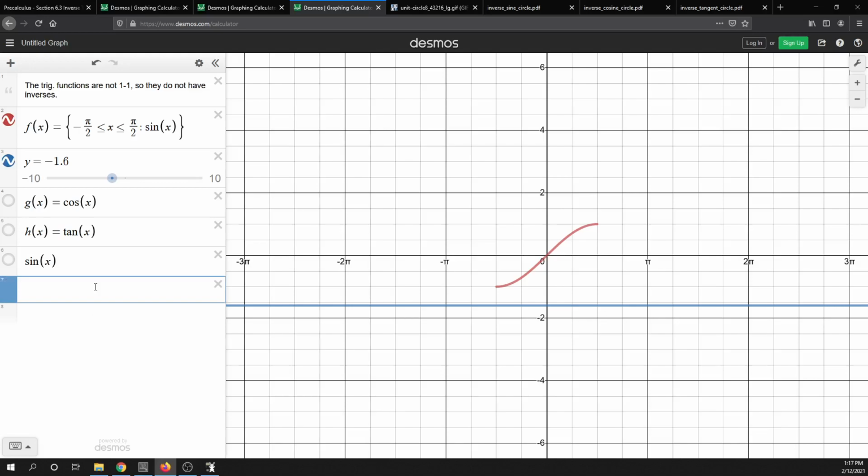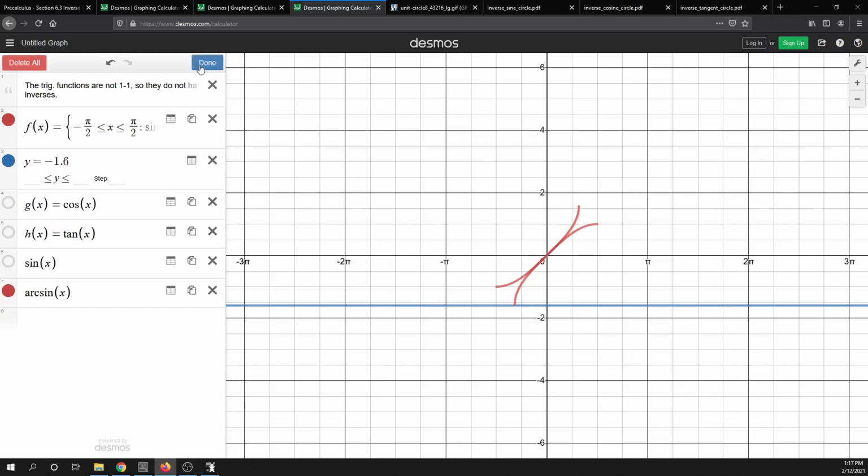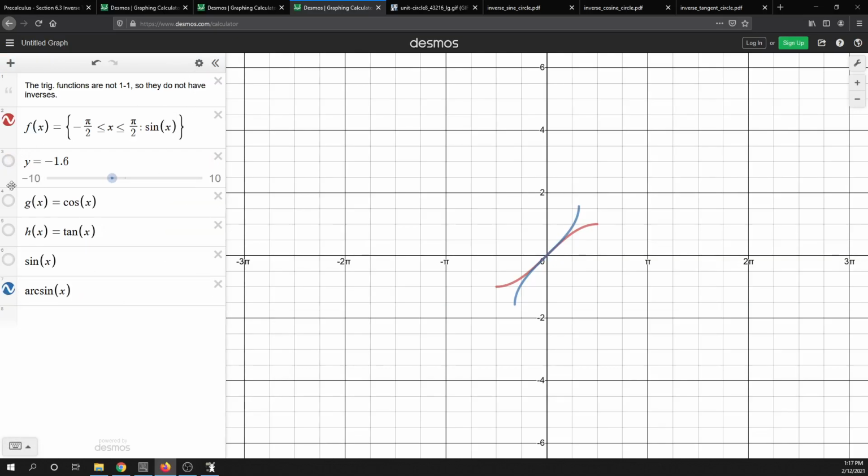So with Desmos, you have to type it in as arc sine, which is another way that you will see it written. Like so. So the arc sine function is just a really small little function. It looks like that, and that's it.